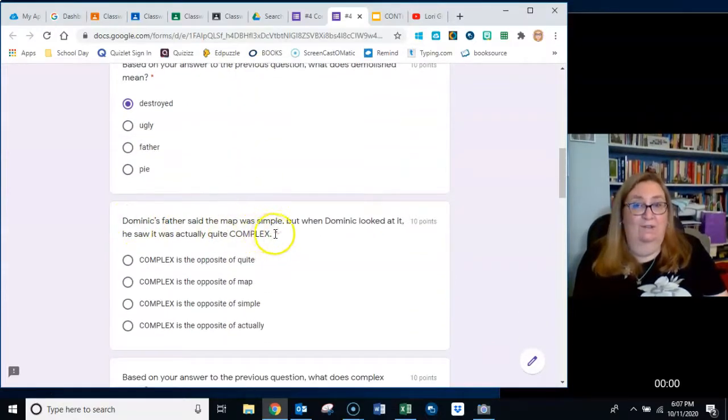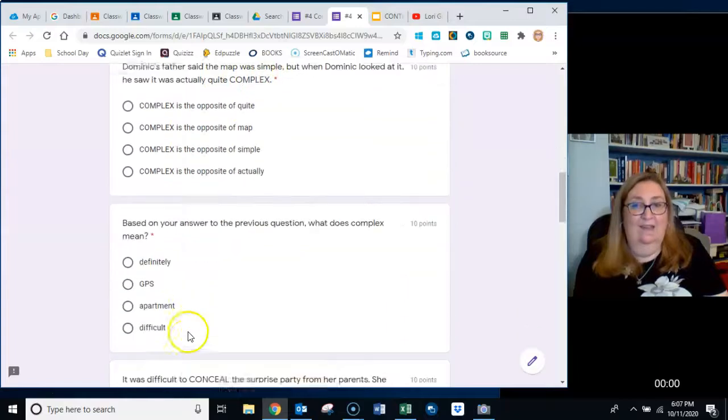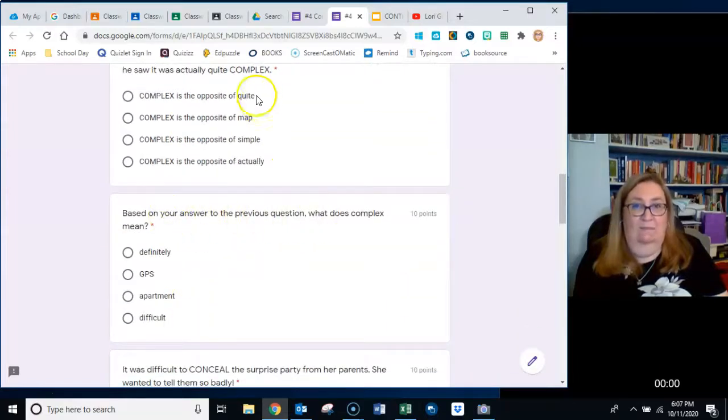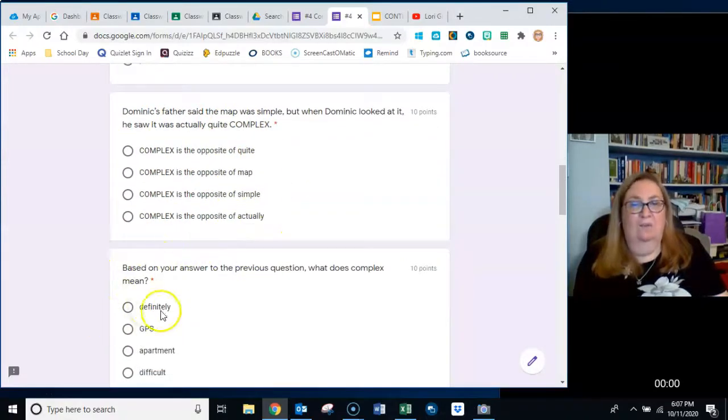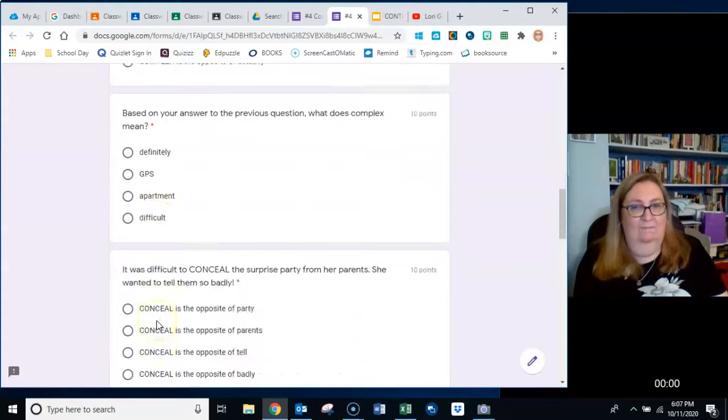So just like these 2 questions, here's a sentence. You're going to find the word that's the opposite of complex, and then you're going to answer the question, so what is the opposite of complex? Which one of these words is the opposite of complex, or sorry, let me try this again. You're saying here, which word is the antonym, which word is the opposite of complex. So here you're saying what complex actually means then.